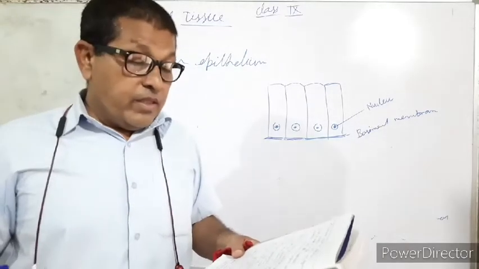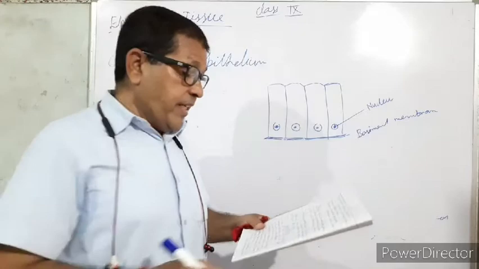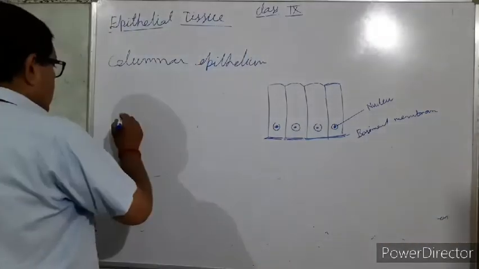Sometimes when the free surface of columnar epithelium contains cilia, such type of tissue is called the ciliated columnar epithelium.